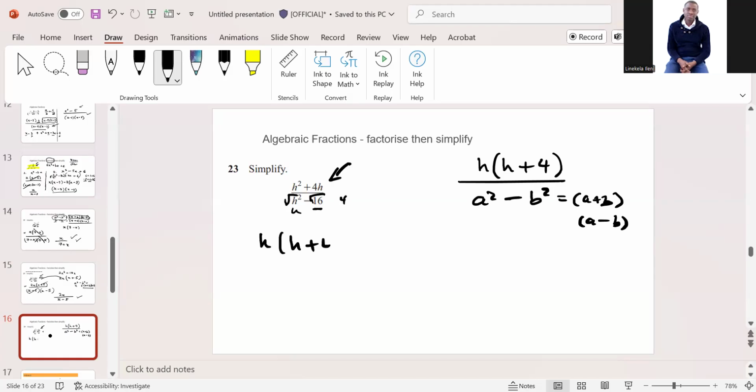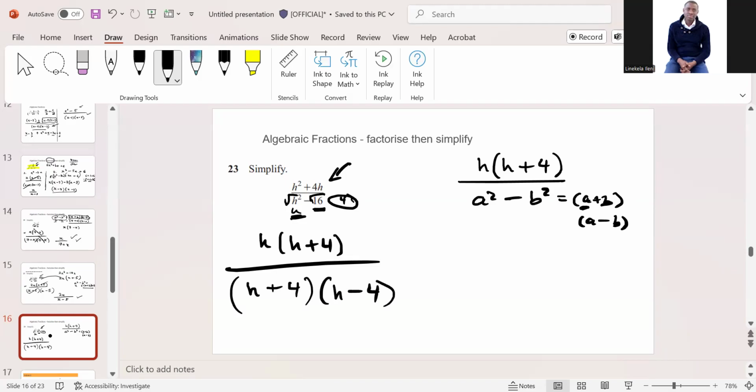Numerator, we already factorized. Denominator now, we know it's our a plus b. So that will literally just be h, which is our a, square root of 16, 4, our b, so h plus 4, and then h minus 4.